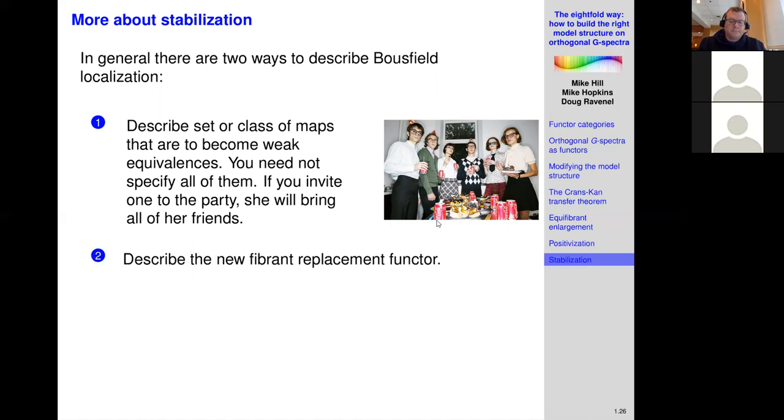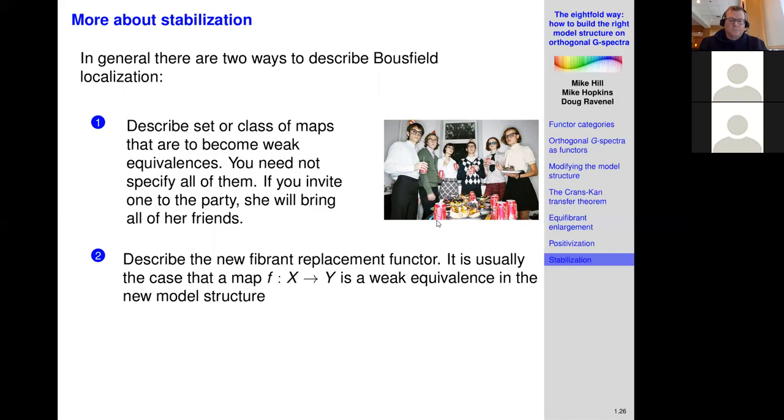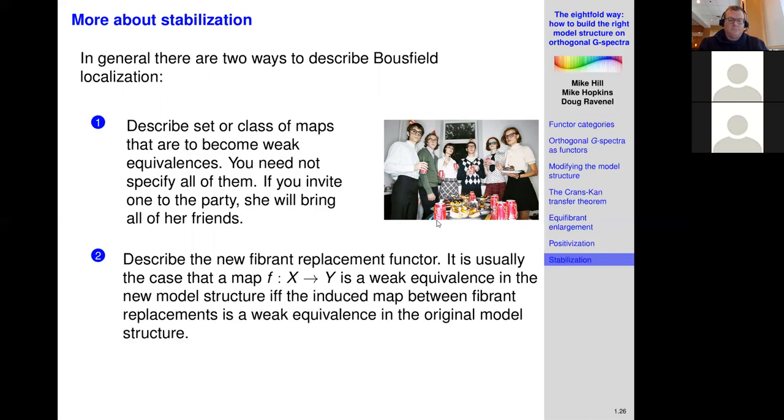The other thing you can do is you can describe the new fibrant replacement functor. Now, it is usually the case that a map is a weak equivalence in the new model structure if and only if the induced map between fibrant replacements is a weak equivalence in the original model structure.